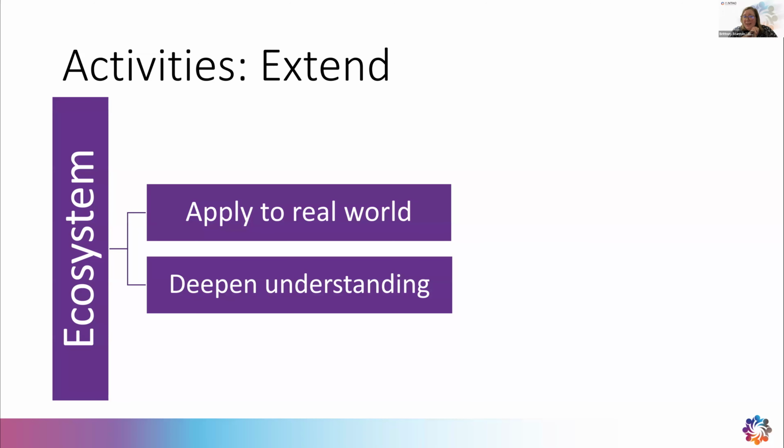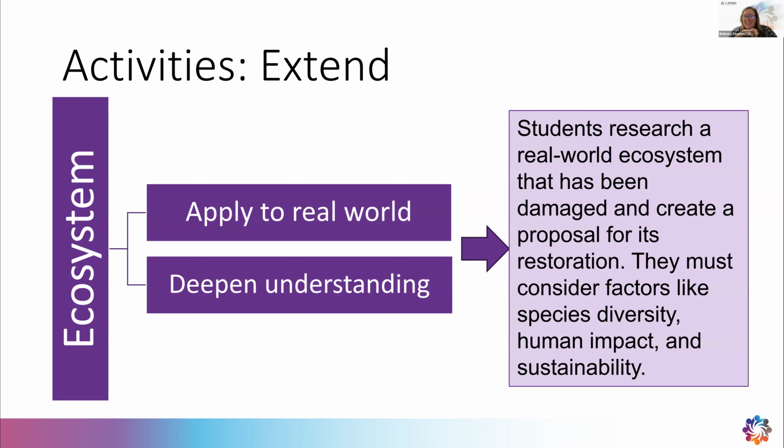So here's our example of how we might extend this learning. Students would then research a real world ecosystem that has been damaged and create a proposal for its restoration. Chaz, it kind of reminds me of what you were just sharing, right? It's funny because I legitimately forgot that this was the example, and then I'm reading over the slide. I'm like, oh, okay, great.